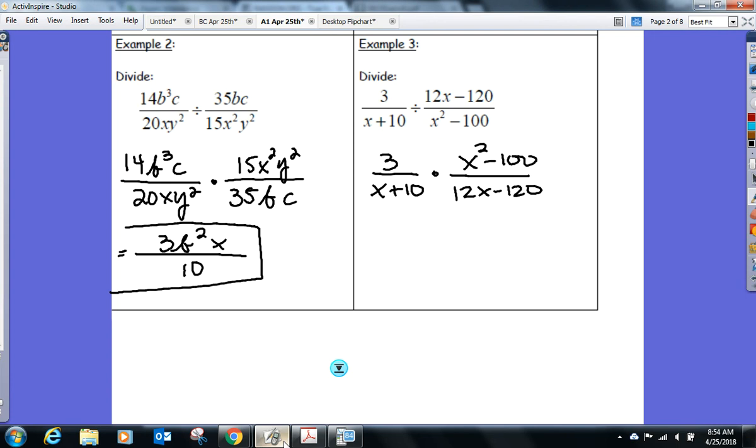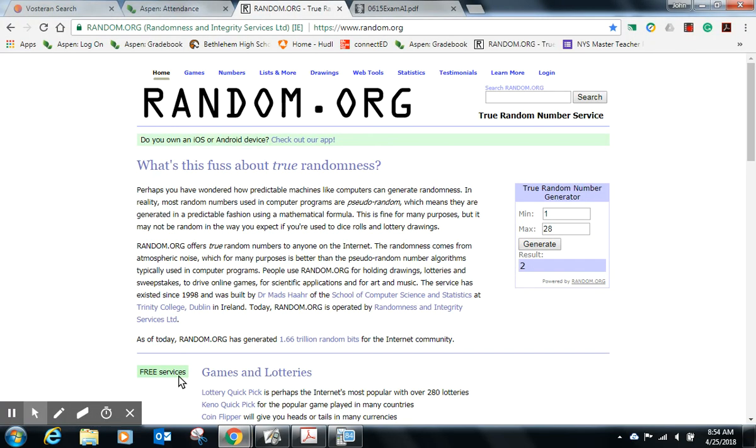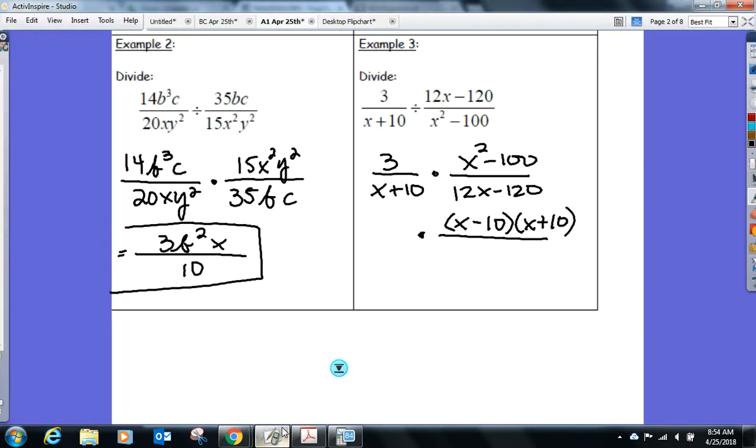Or what would you like to factor, Olivia? Go ahead. What do you got for me? X minus 10 and then X plus 10. Got it. Okay, there should be one other one up here you could factor.